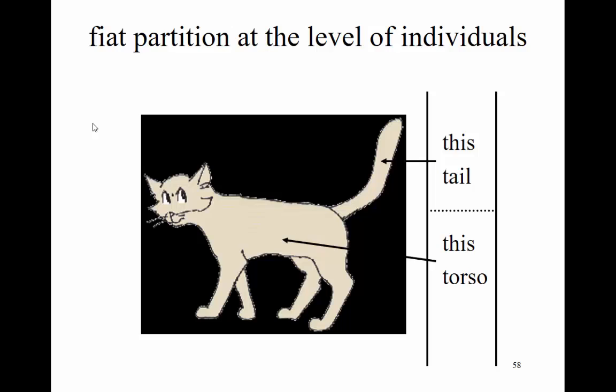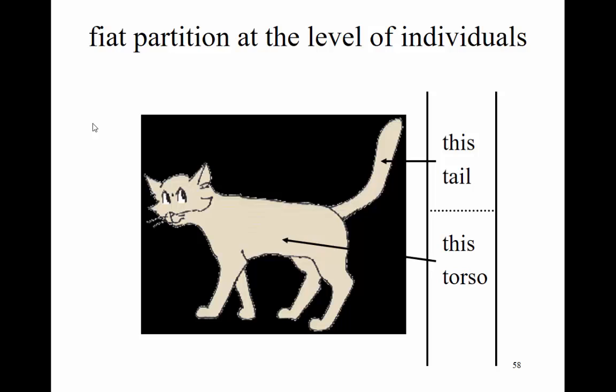So the heart is connected to other parts of the body, particularly it's connected to the arteries. Now, that means that we're dealing with a case which is a bit like the cat tail case. So this is the artery and this is the heart. Some people would say that means that the distinction between the heart and the arteries is a fiat distinction.